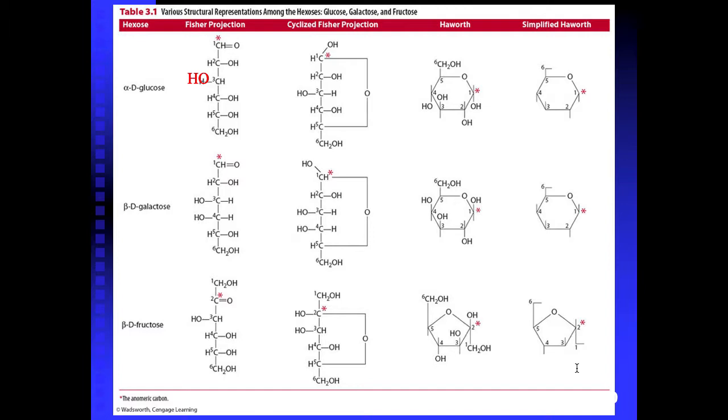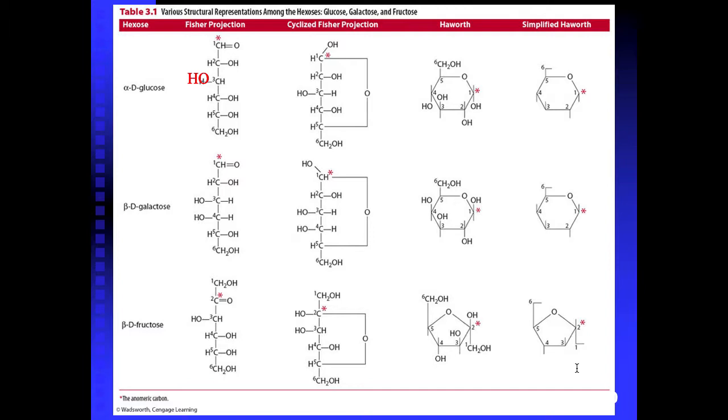So here's one thing with fructose. Remember, you can learn how to draw this, and then you can remember how to draw this, and then you'll have D-fructose in Fischer and cyclic form, and then you just have to take care of the beta or the alpha. Now, fructose is a little bit different because this is carbon number 1.